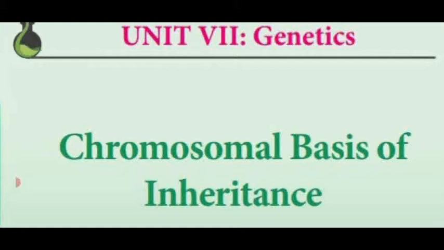Next, different kinds of linkage, complete linkage and incomplete linkage. What is complete linkage? If separation of two linked genes is not possible, those genes always remain together and only parental characters are obtained.